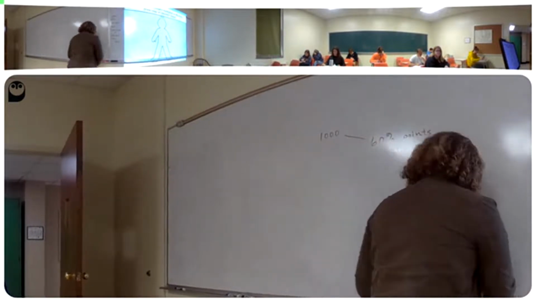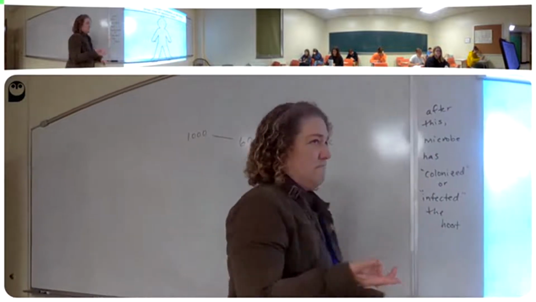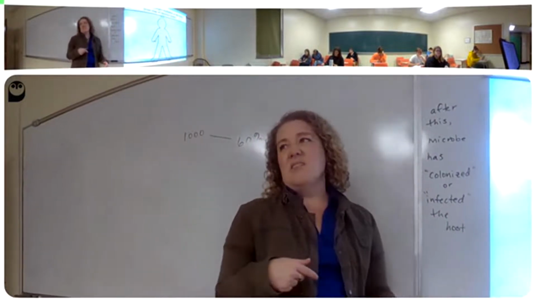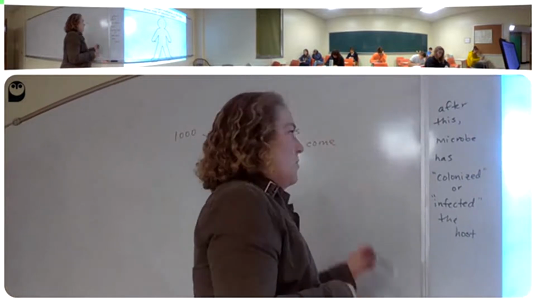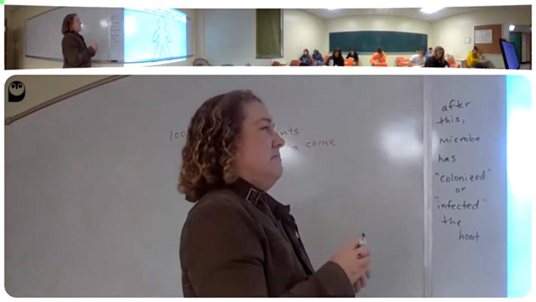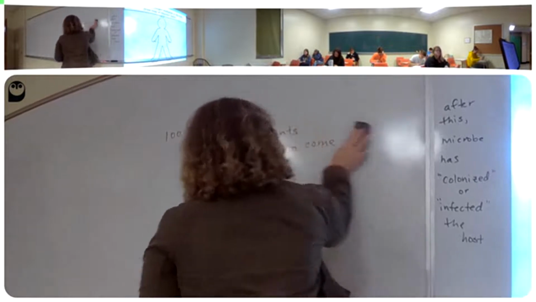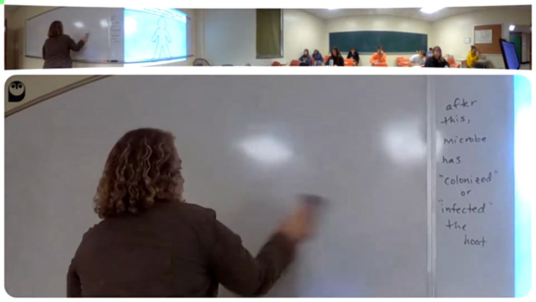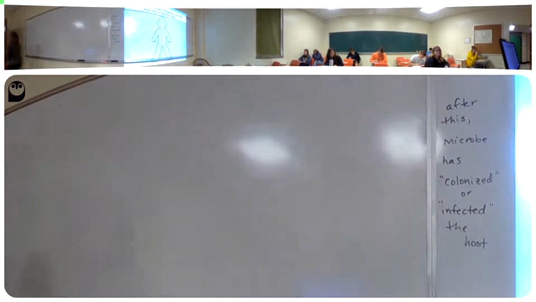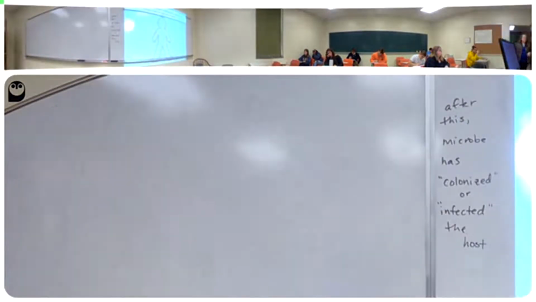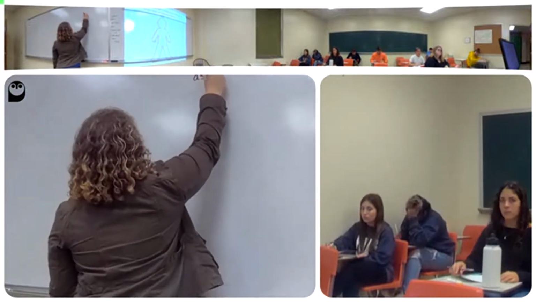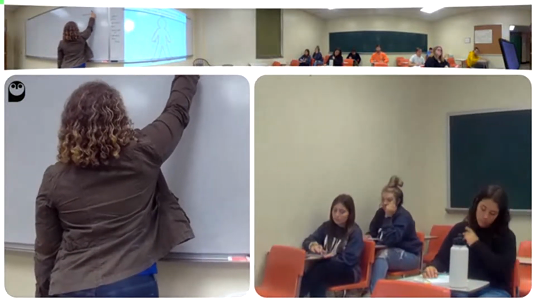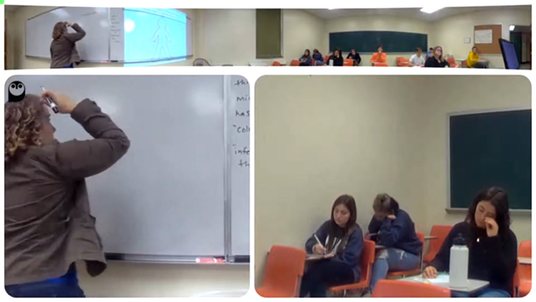The first type of infection that I want to describe is one that doesn't harm you. One that you never feel, you never have symptoms. We would call that asymptomatic.